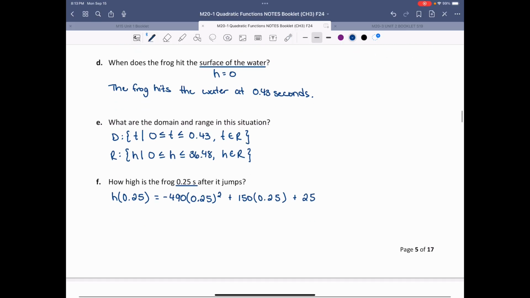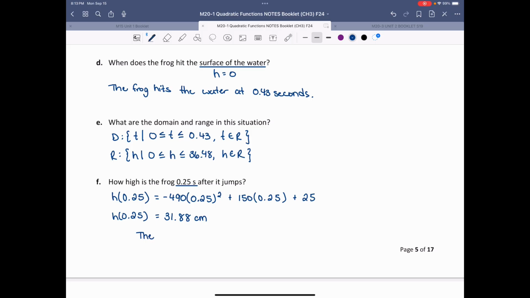Then we're going to calculate that. So menu 1 to get back to our calculating screen. Negative 490 times 0.25 squared plus 150 times 0.25 plus 25. That gives me h of 0.25 equals 31.88 centimeters.